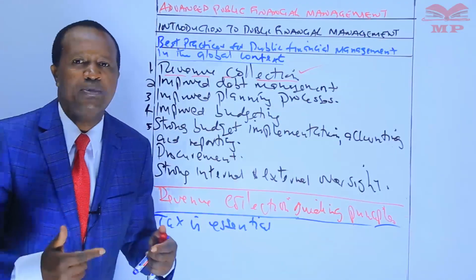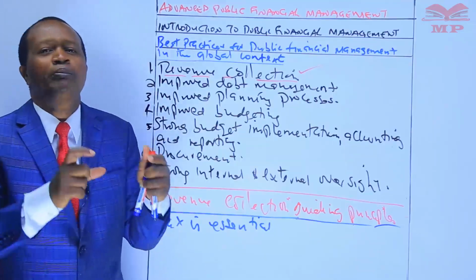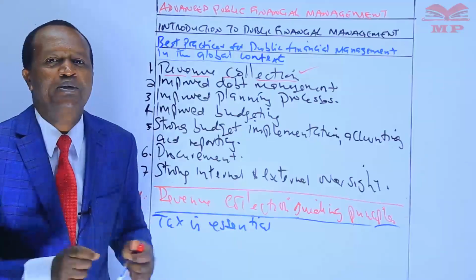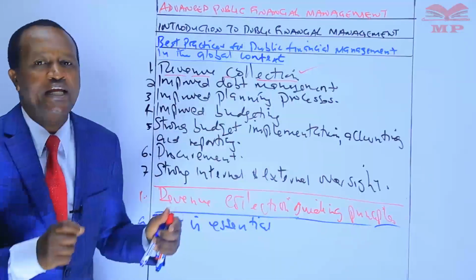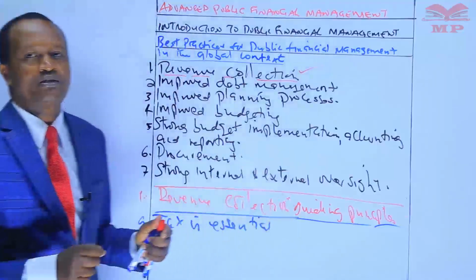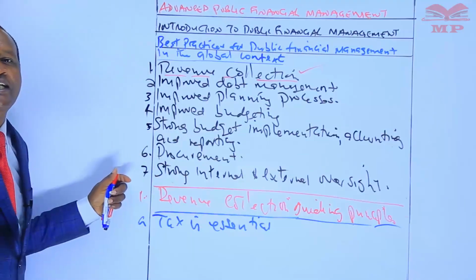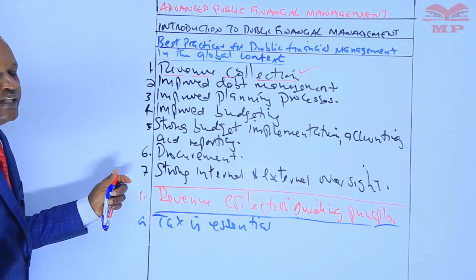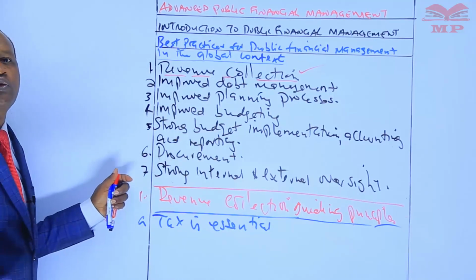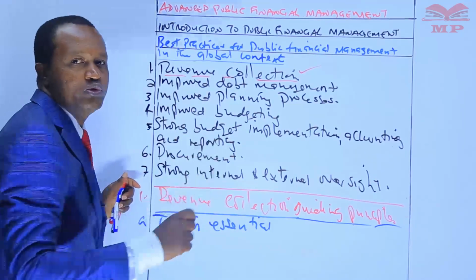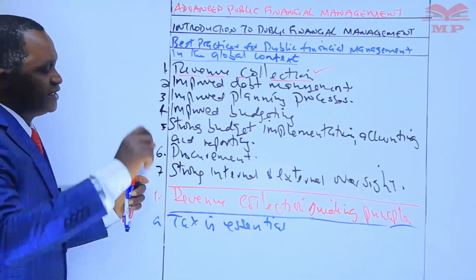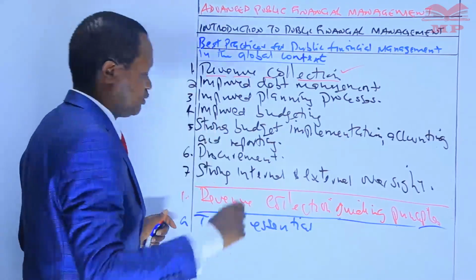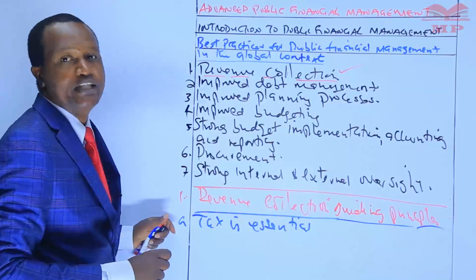So optimizing domestic revenue collection is also a commitment that needs to be fulfilled before a government justifiably seeks additional funds or aid from donors. So consolidating and extending the revenue base and improving the efficiency of collection of tax is one of the guiding principles in public financial management.